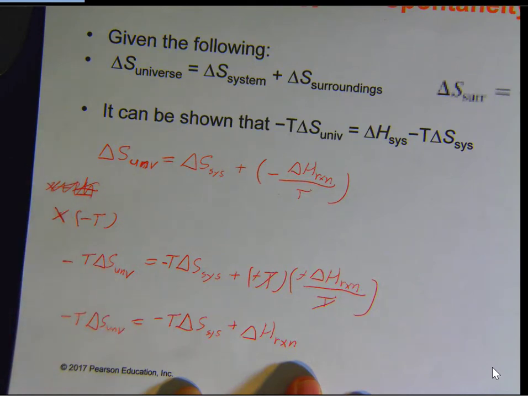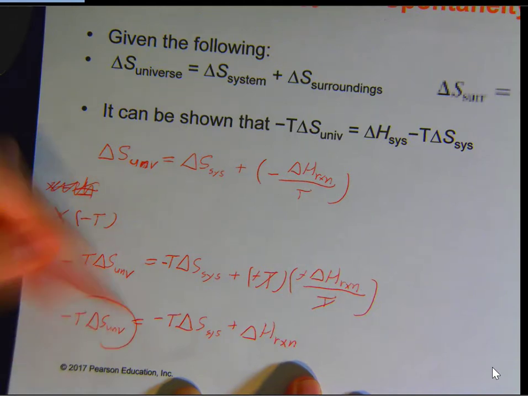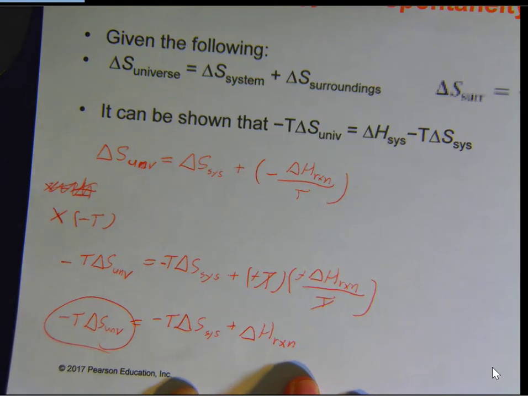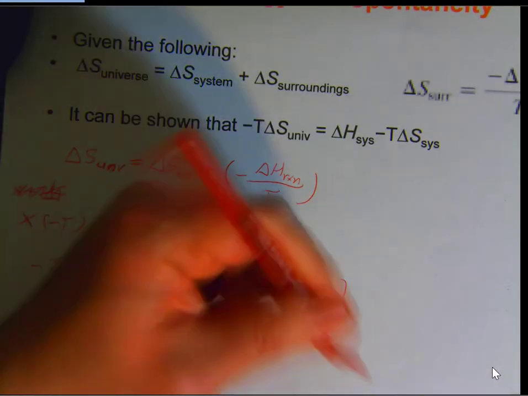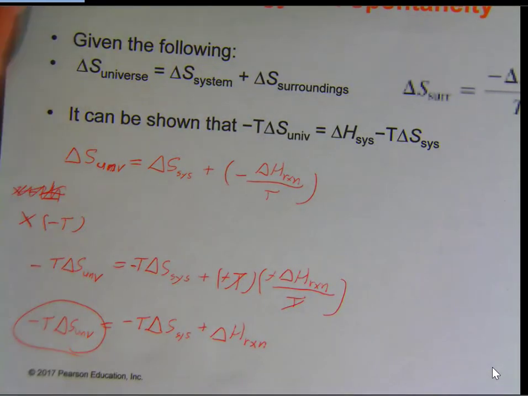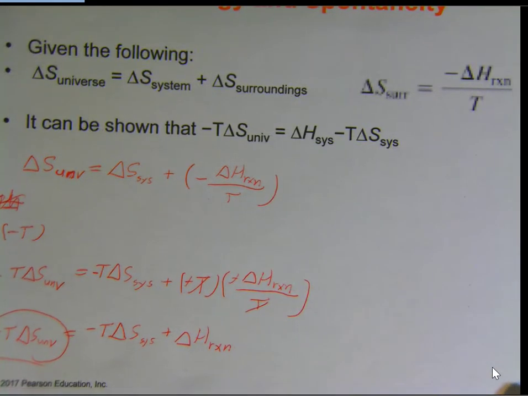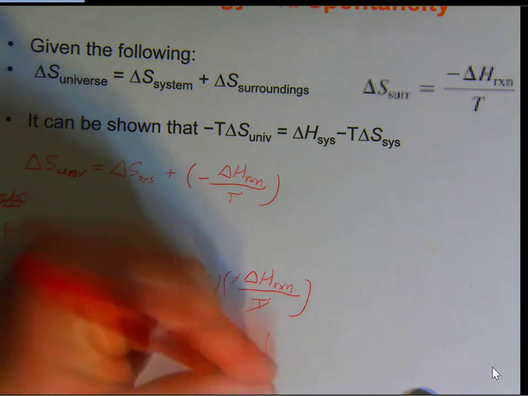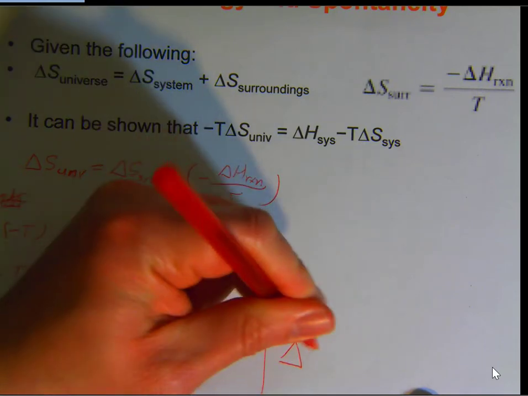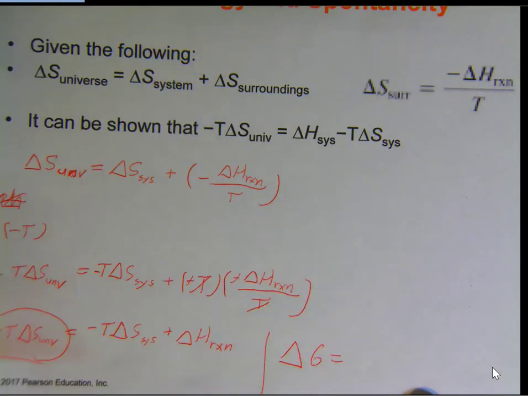Now, in the long run, we don't care about delta S of universe, and the negative T part multiplying isn't that important. What we're going to do is define that as the Gibbs free energy. Let me make some space here. We'll put this over on the side: delta G is equal to the rest of this.